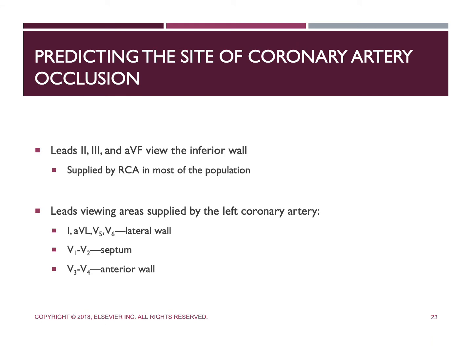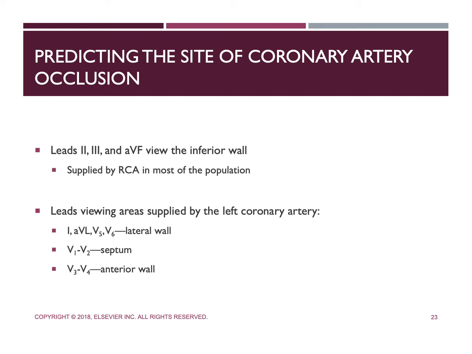In the standard 12-lead ECG, leads 2, 3, and aVF view the inferior wall of the left ventricle, which is supplied by the right coronary artery, or what we'll call the RCA, in most people. So if an ECG shows STE in these leads, it is reasonable to suppose that these ECG changes are caused by partial or even complete blockage of the RCA.